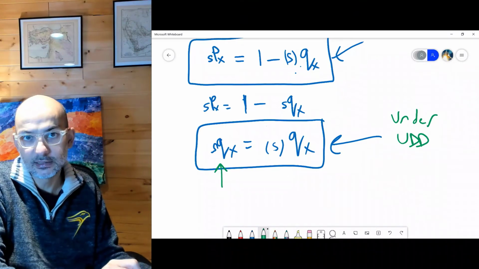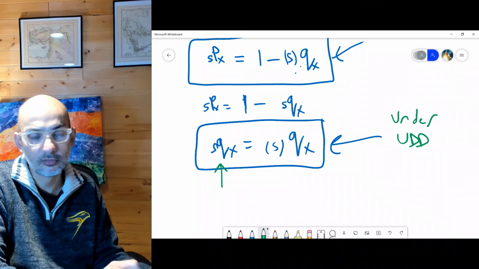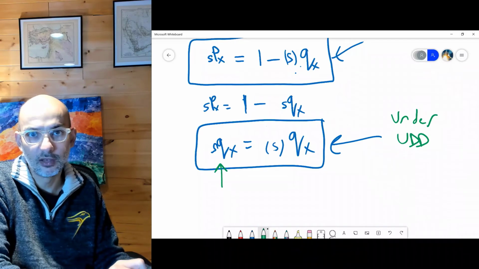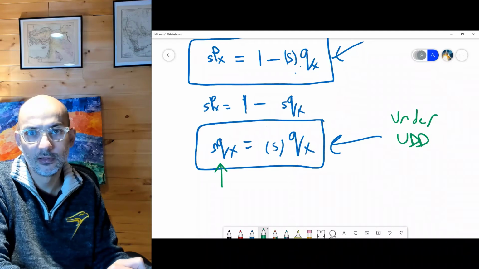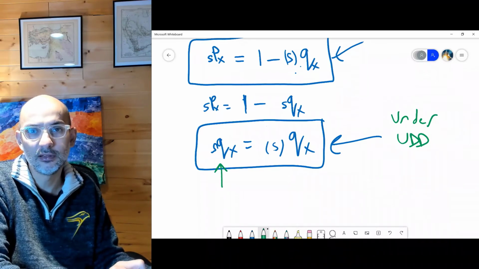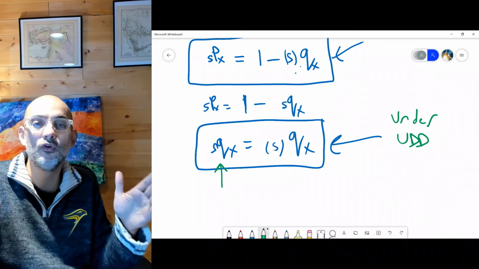Under UDD, uniform distribution of death, s q x, the life aged x to die within s period, is equal to the s period multiplied by q x, the death occurring within the whole year.